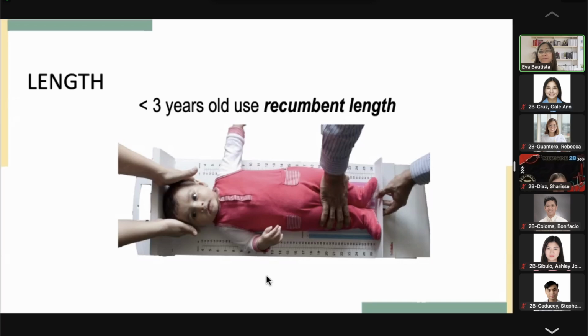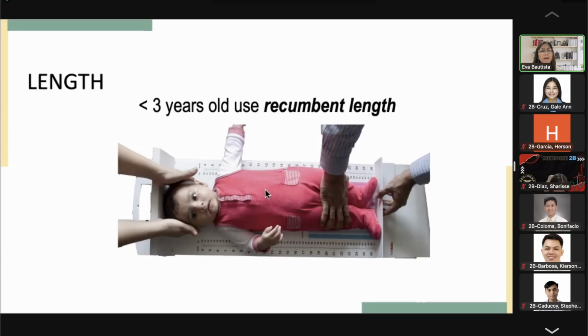Anyone? If less than 3 years old, they have physiologic lordosis. If you get their standing height instead of their recumbent length, will their standing height be taller or shorter than their recumbent length? Shorter. Yes, it's shorter because of the lordosis. That is why we want to measure them in a recumbent position.